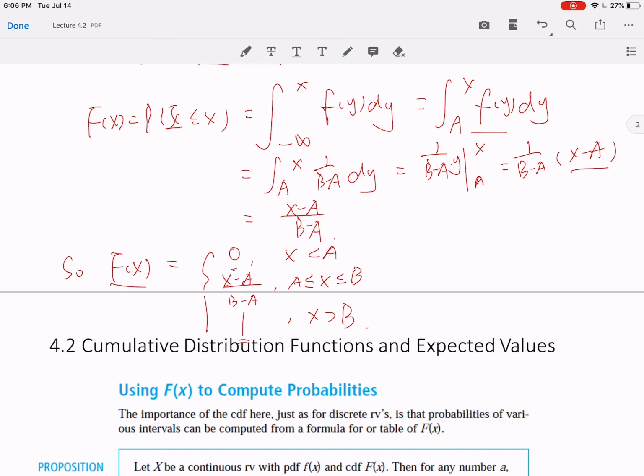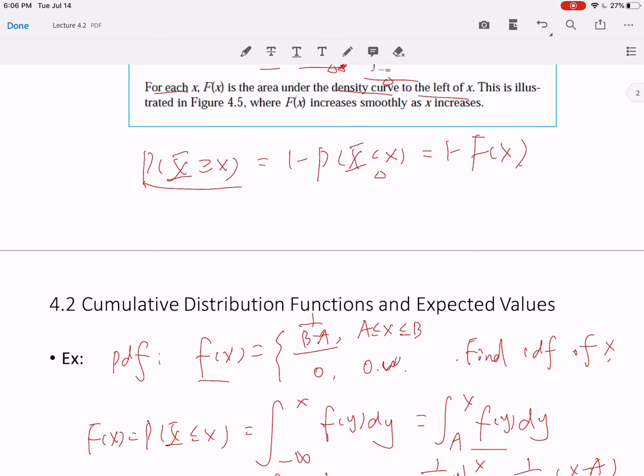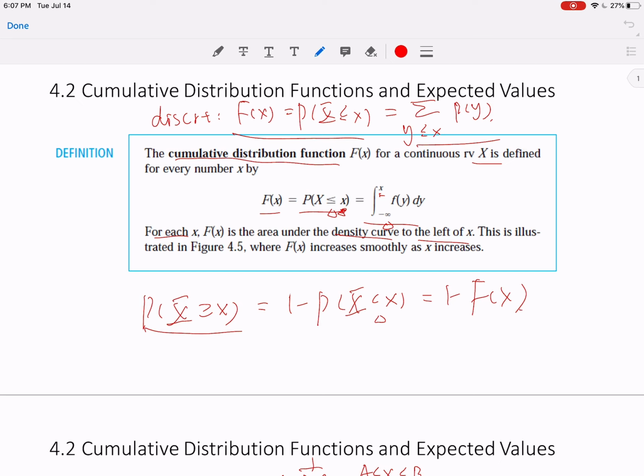And as I just mentioned up here, if we want to find the probability that x is less than or equal to a number, we can just plug the number back into the CDF and find the corresponding value. But if we want to find the probability x is greater than or equal to a number, we cannot do that directly.